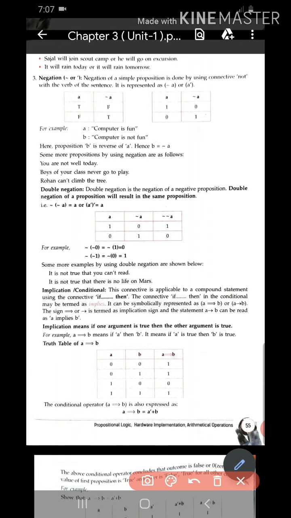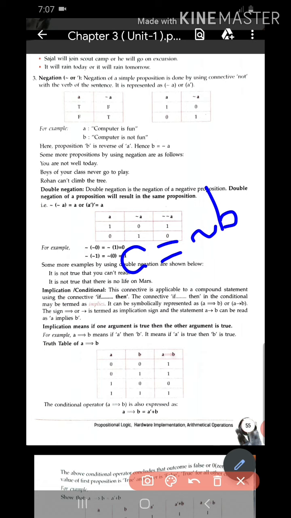See, if we are having B and we have to store it in C, then what happens? B is "computer is not fun", and we are providing one more not. Then what happens? It means computer is not fun, but we have to negate it.